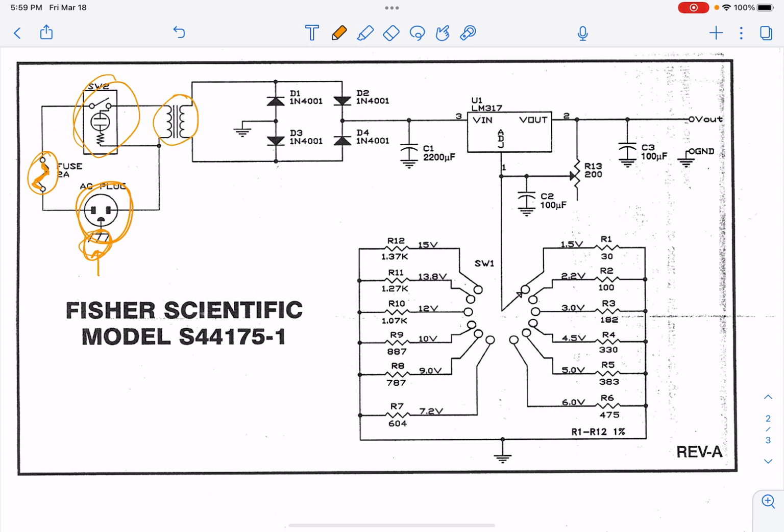This symbol right here is your transformer. Remember, we were beginning with about 115, 120 volt alternating current electricity, which is the outlet that you plug this into. This is the symbol of a transformer. Each of these little bumps would be a coil of wire, another coil of wire. They could be adjacent to each other, or one coil might be small enough to be inserted inside the other coil.